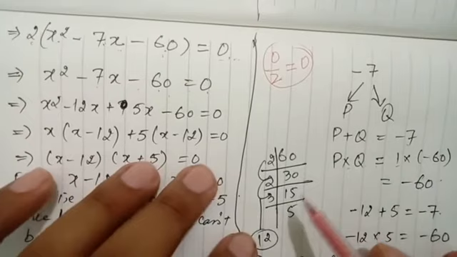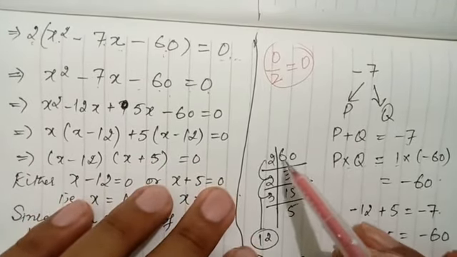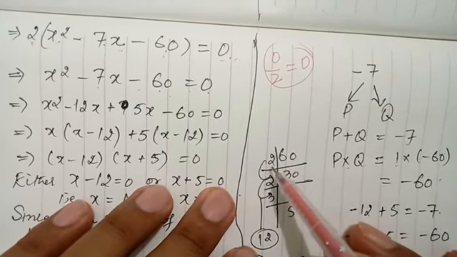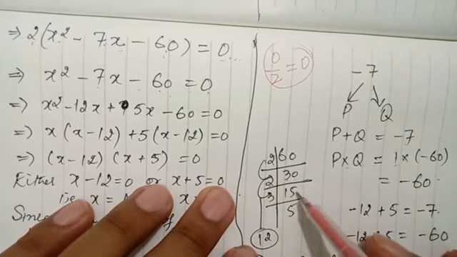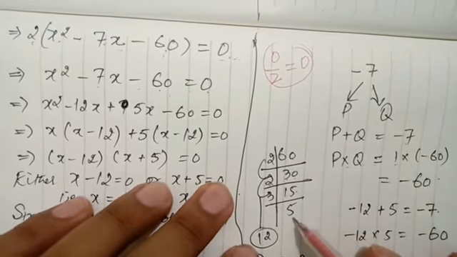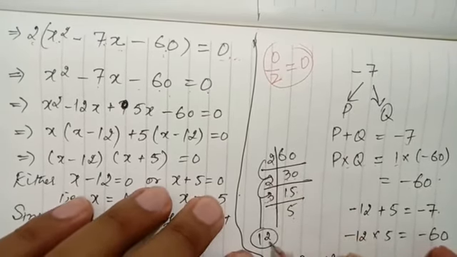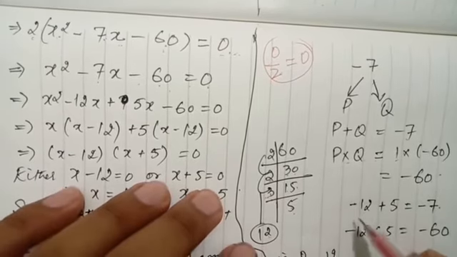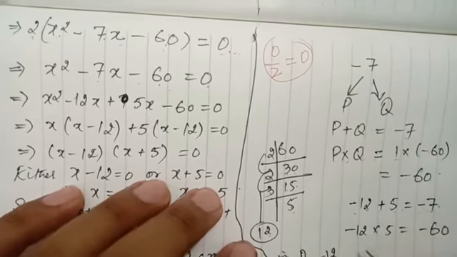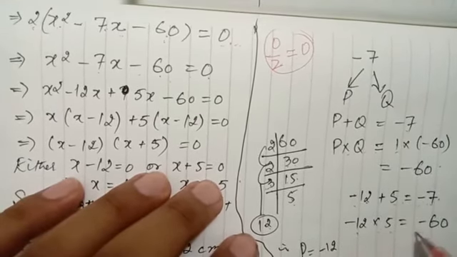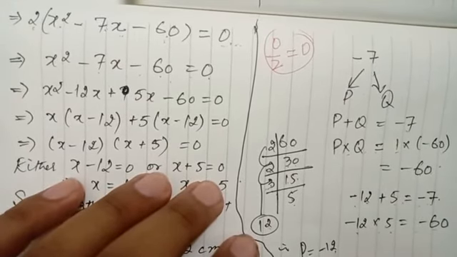Now I will do the prime factorization of 60. Dividing by 2 I get 30, again by 2 I get 15, then by 3 I get 5. 2 into 2 into 3 is 12, and 5. If I write minus 12 plus 5, I get minus 7. If I write minus 12 into 5, I get minus 60. So my p is minus 12 and q is 5.